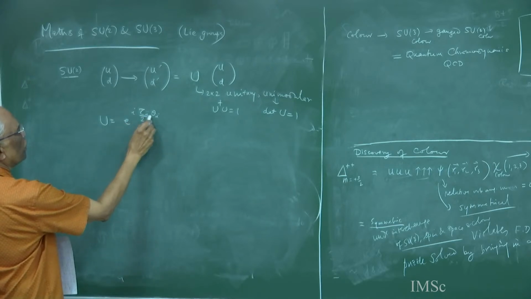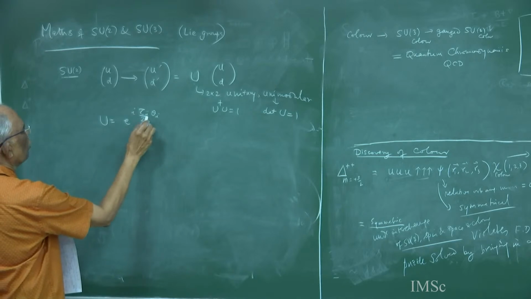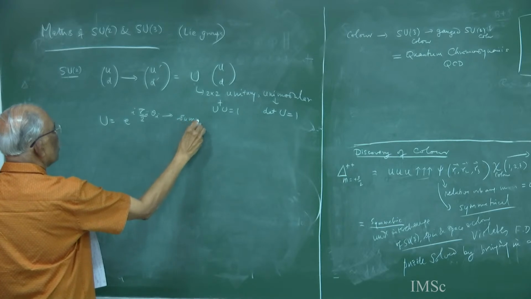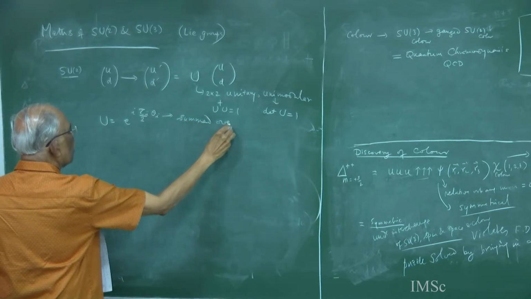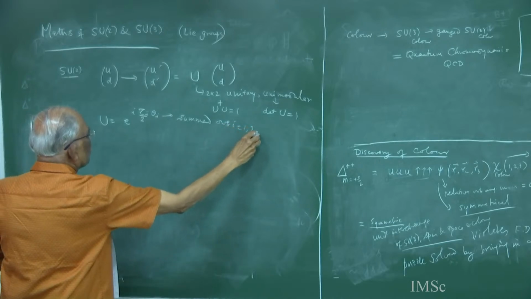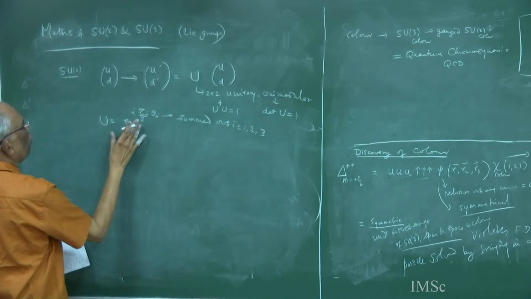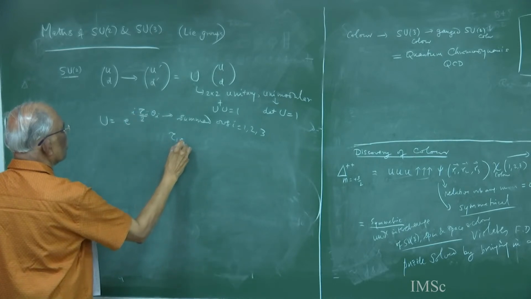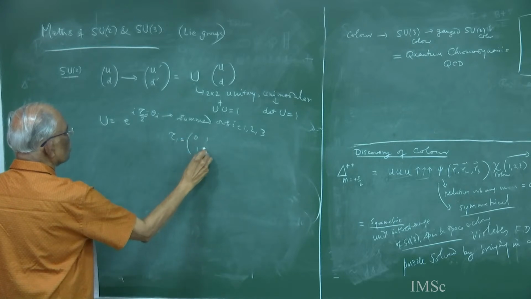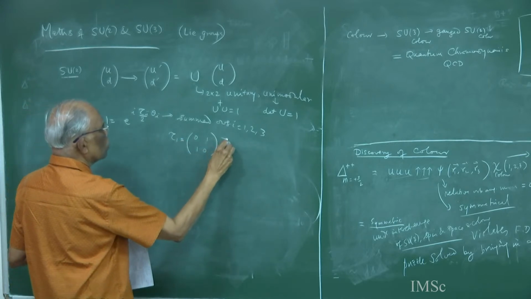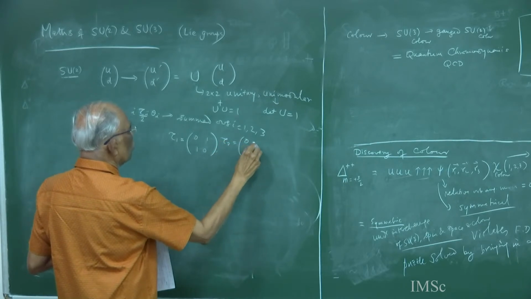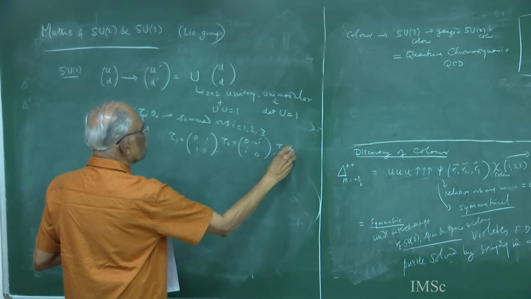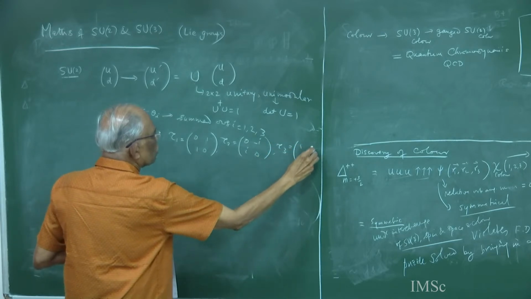This i is repeated, and anything which is repeated is summed over. i goes over 1, 2, 3, summed over i equal to 1, 2, 3. The taus are 2 by 2 matrices. Tau 1 is 0, 1, 1, 0. Tau 2 is 0, minus i, i, 0. Tau 3 is diagonal, 1, minus 1.